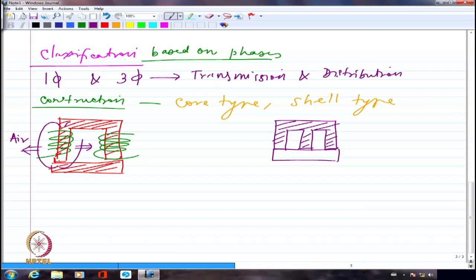So I may have the winding put up only here in the central portion. I may have primary and secondary both put up only in the middle portion, which means on either side I am going to have iron surrounding it.